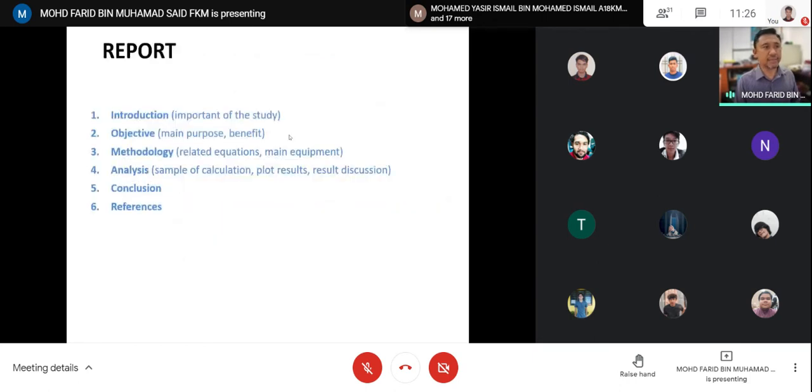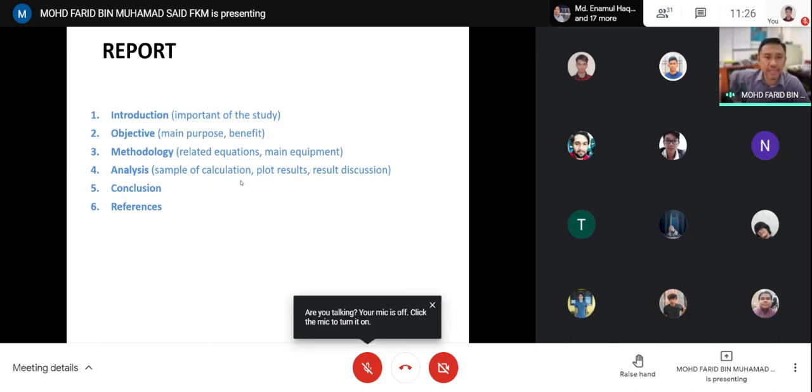Because this ICE subject, you are also still learning this semester, but I believe most of the topics you have already completed, if I'm not mistaken. So for example, this week and early next week you can start with the introduction of the engine performance test. What is the engine performance test? What are the main parameters to be studied?